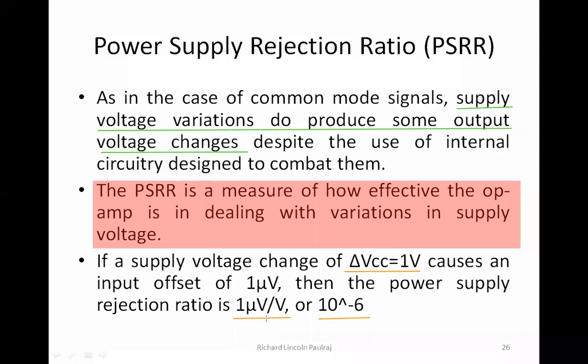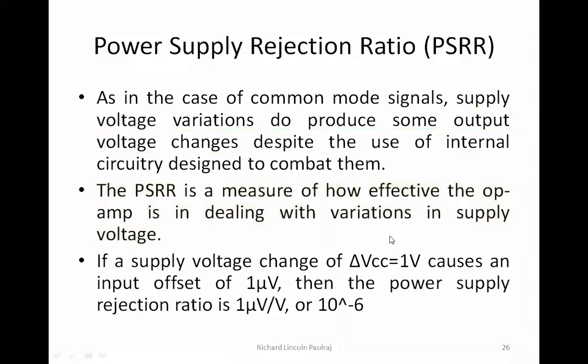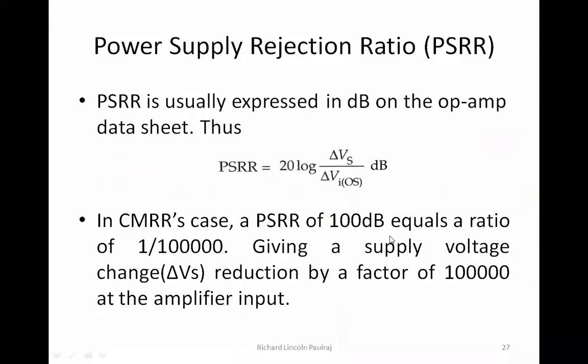If it is 10 volts, then it is going to be about 10 microvolts, right? So one thing that you all should understand is that keeping the input constant is very important.